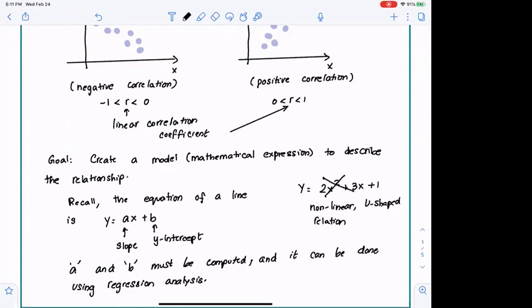We call it least squares regression because of the theoretical derivation that is behind the process of finding a and b. We also call the line the line of best fit.